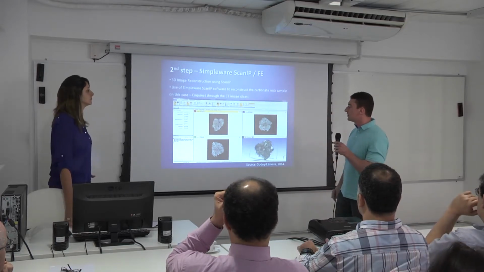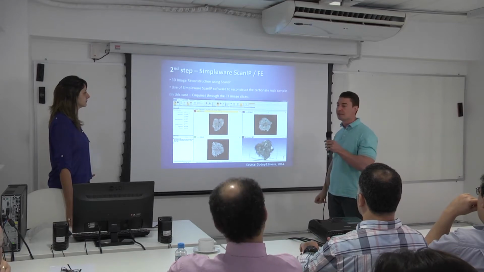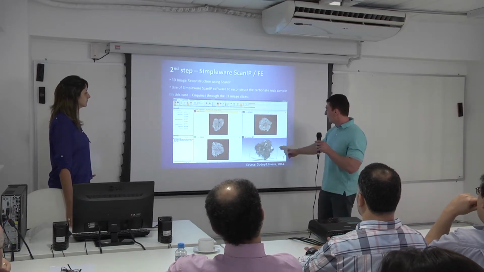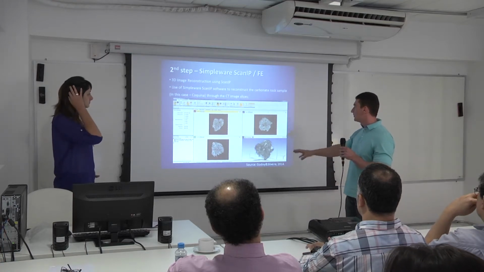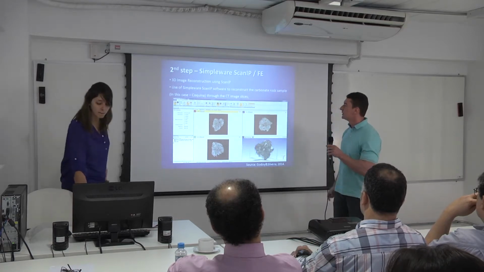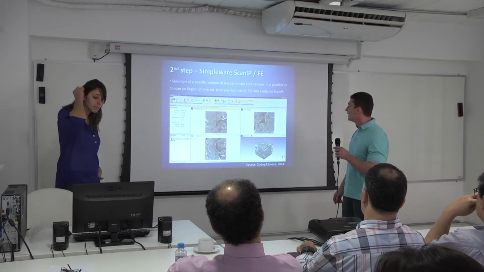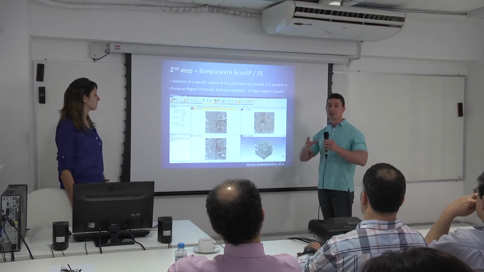Here, just to point out shortly how we can recreate 3D images in Simpleware. In this case, we are working with a coquina, and then we can reconstruct the 3D model of the entire sample. The first step is this one. Then we can crop a cuboid, selected from the entire sample.